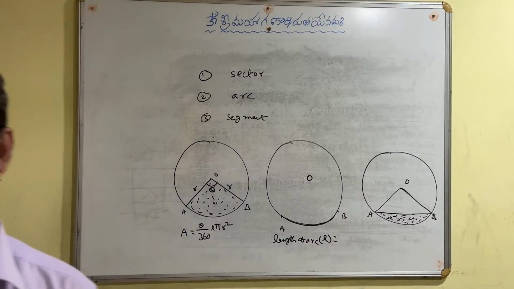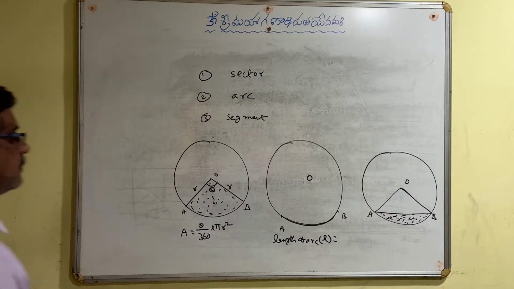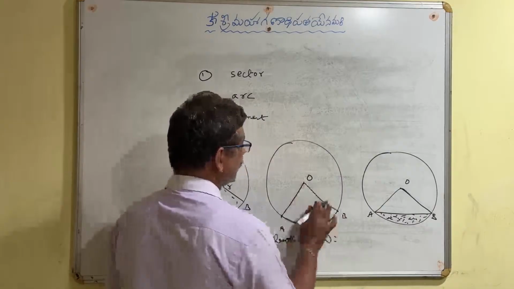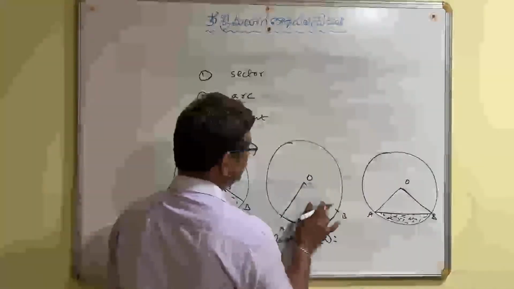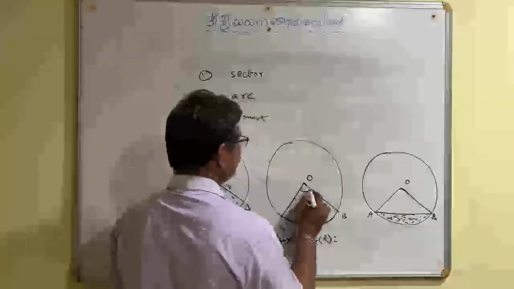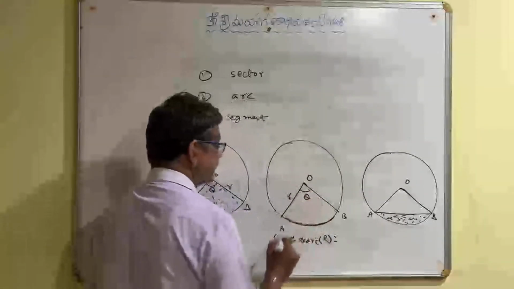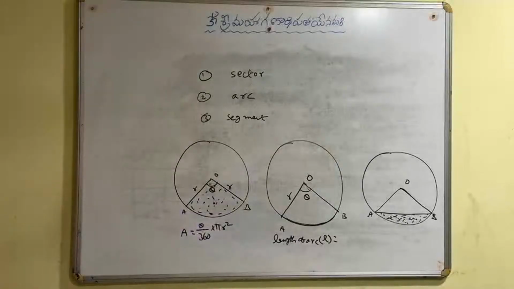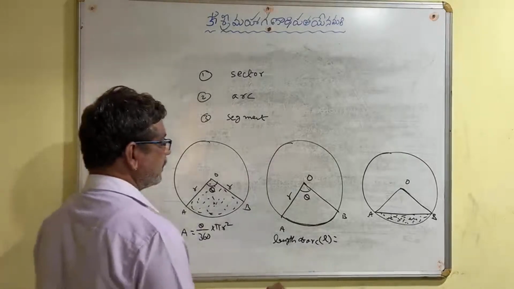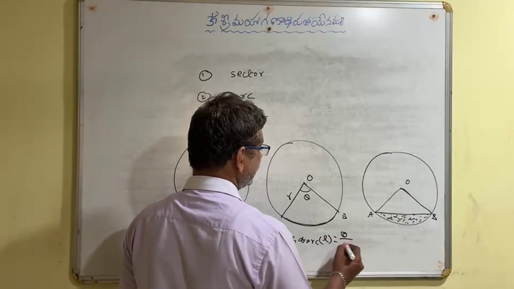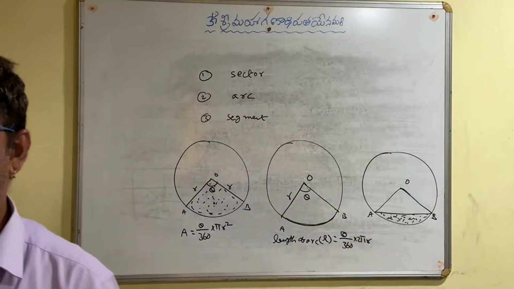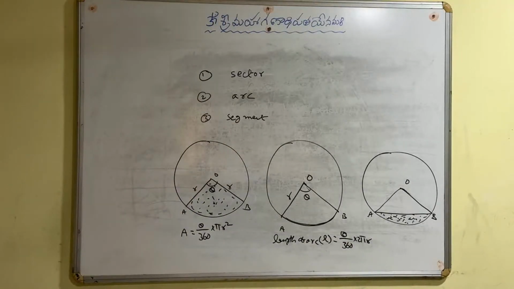How to find out the length of the arc of a circle? To find the length of the arc, we need the sector angle and radius. So the formula is theta by 360 into 2 pi r. Okay?